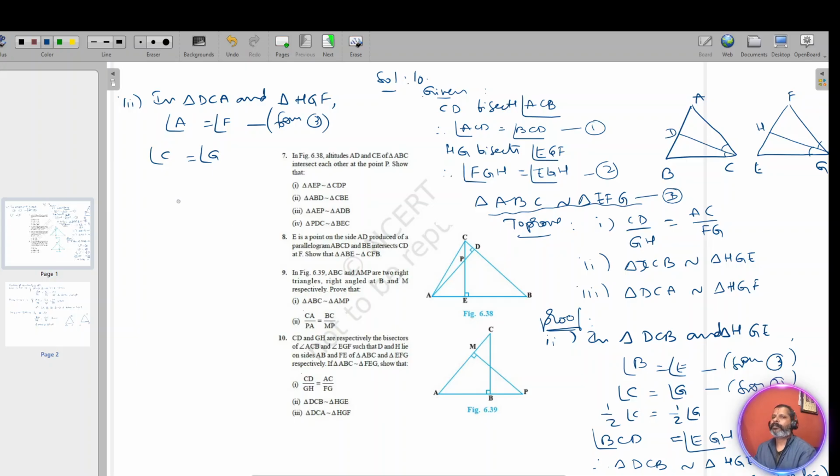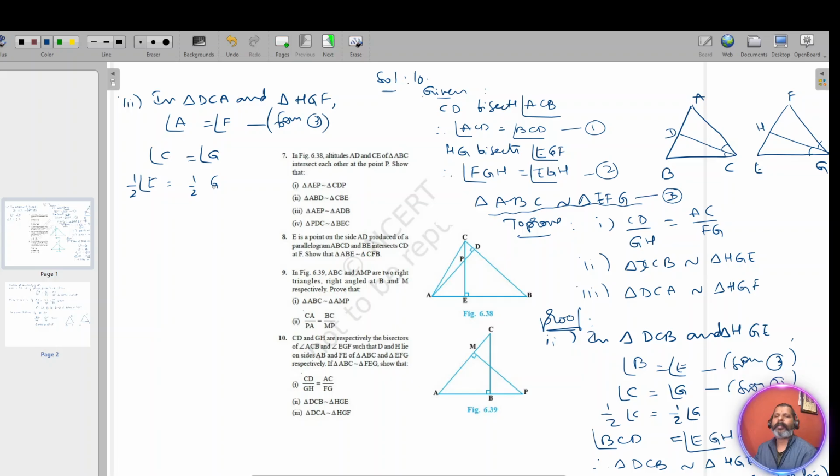This is from BCD and EHG, from 1 and 2. Half C is what? Why half C?